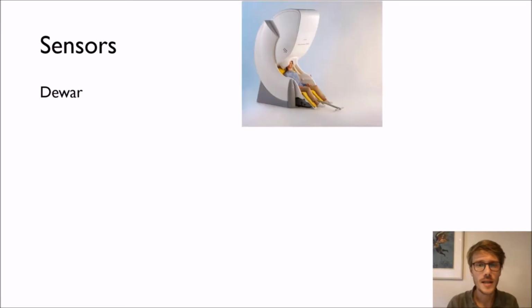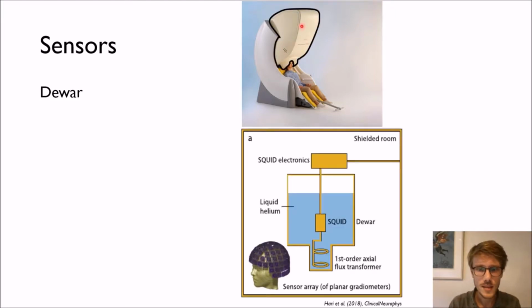The part of the MEG that houses all the sensors is the part on top, right here. It's called the dewar. And schematically, our entire system looks like this. So the square outline is the shielded room, and this part here is the dewar. And inside the dewar we find the actual sensors, which are the SQUIDs.